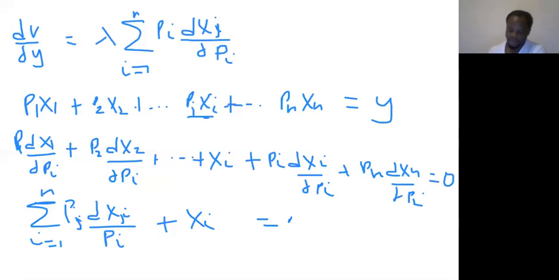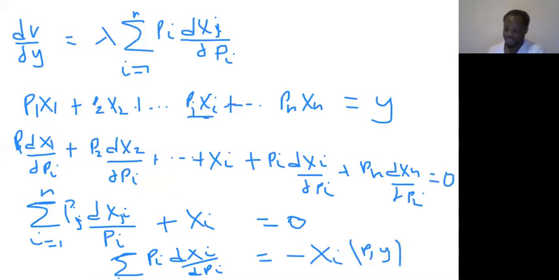Then that implies that the summation of i equals 1 of pi, the sd, dpi is equal to minus xi, which is a function of p and y. Is okay. So great, this is xi.